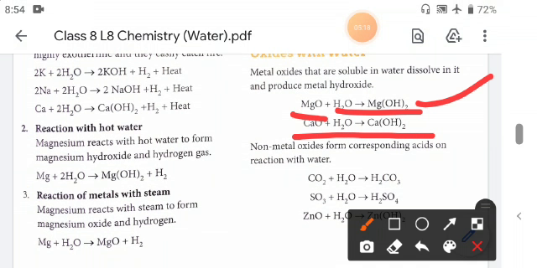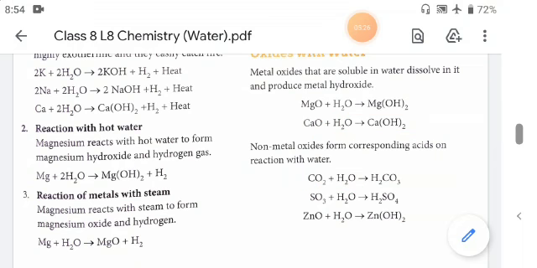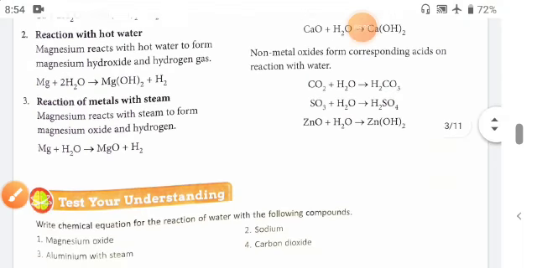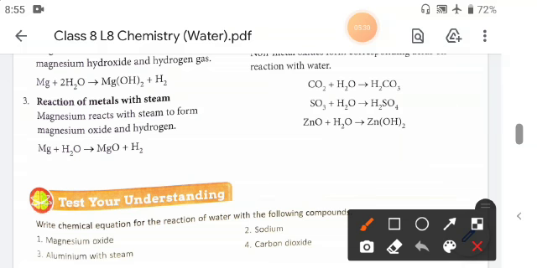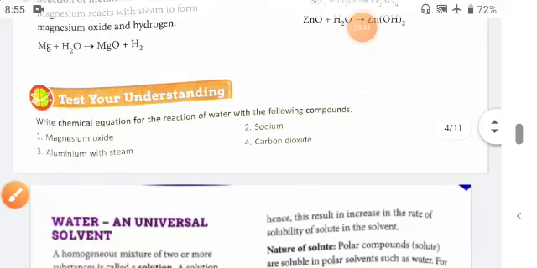In case of non-metal oxides, when they react with water, they give carbonic acid, H2CO3, which is called carbonic acid. And when sulfur trioxide reacts with water, it gives sulfuric acid. When zinc oxide reacts with water, it gives zinc hydroxide.